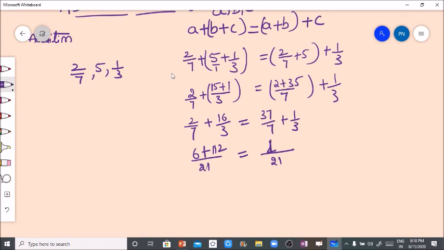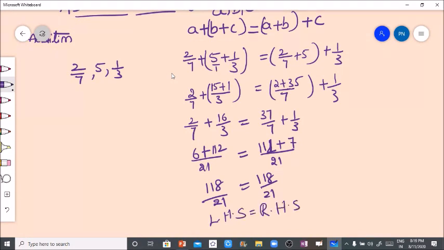Sorry, 21. 3 3s are 9 plus 2 is 11, plus 7 1 is 7. Okay, this is 1. 6 plus 112 is 118 by 21 equals, here also 118 by 21. Okay, here we say that LHS equals RHS.